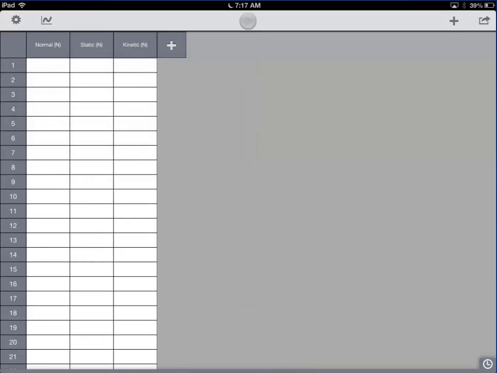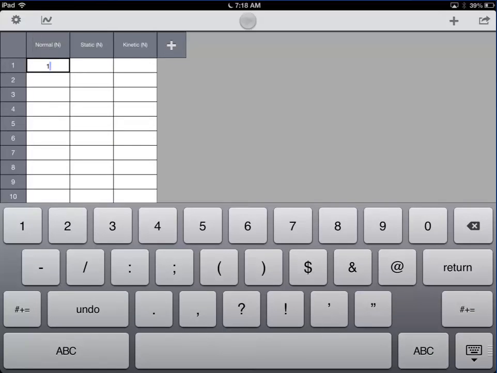Alright, and then I just put in your guys' data, so 1.18, 6.08, 10.98, that was the normal force, 0.323, 1.547 and 2.62, and then finally kinetic 0.257, 1.138 and 1.96. Okay, and done and done.